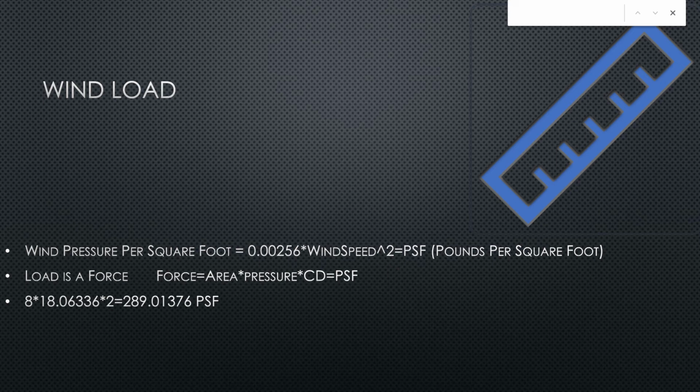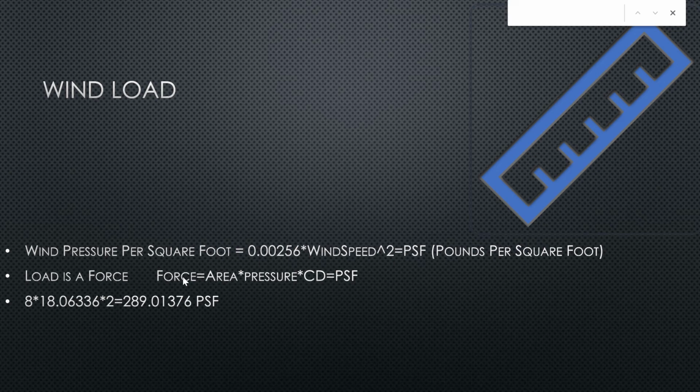Translating wind pressure to wind load must take into account the shape of the structure, which determines its drag coefficient, CD, a measure of wind resistance.